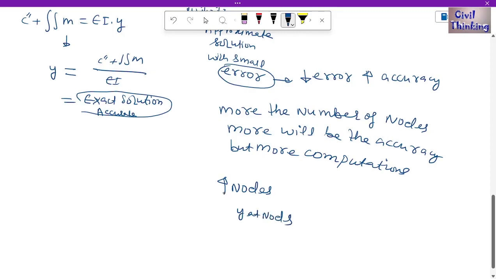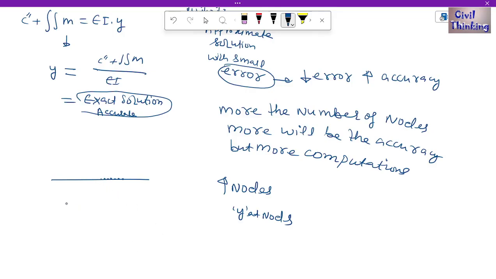So when there are more nodes, we have to calculate more y's. So when the Ansys program has to calculate more y's, of course it will take more time. And when the number of nodes is more, the accuracy will be more, because it divides the beam into even smaller parts.